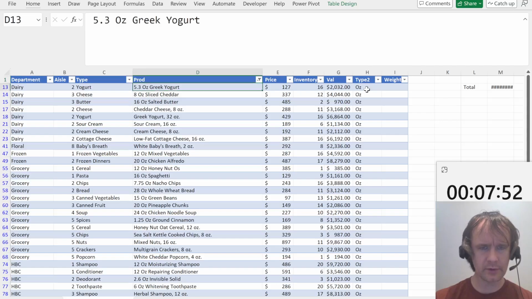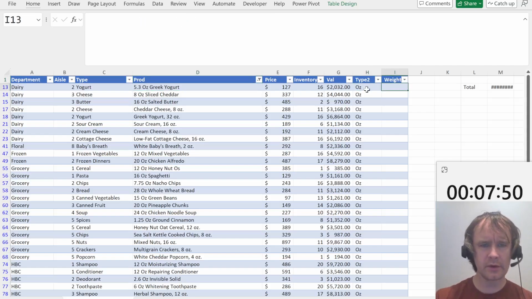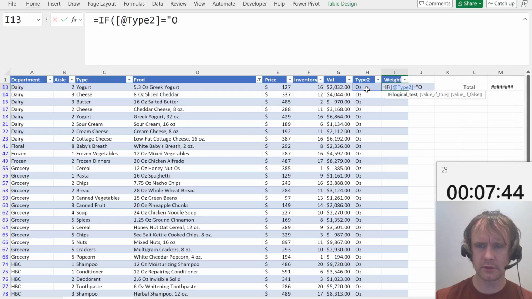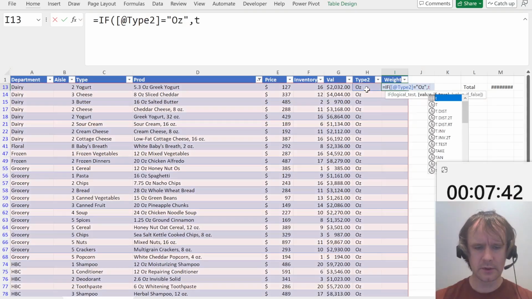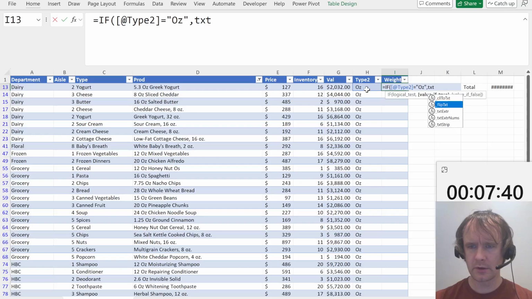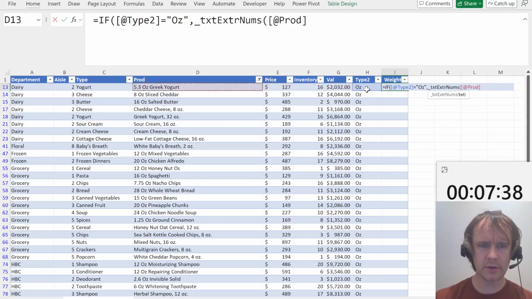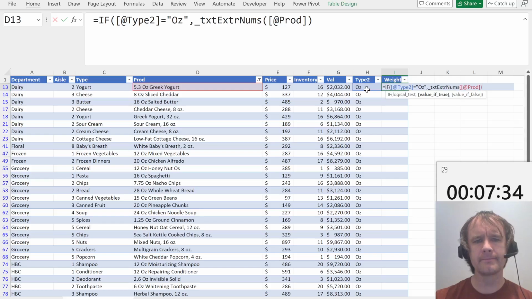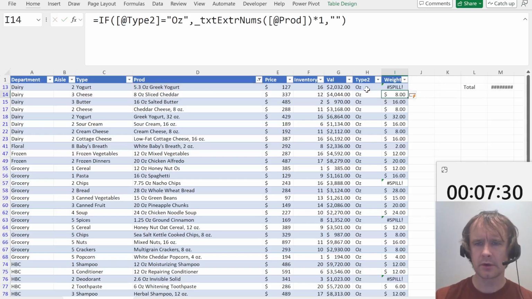It looks like all of those are. So we're going to say, can I just extract numbers? Looks like I can. If this equals OZ, then DXT, extract numbers from here, times 1. I don't know if I need to times 1, otherwise come back to it.